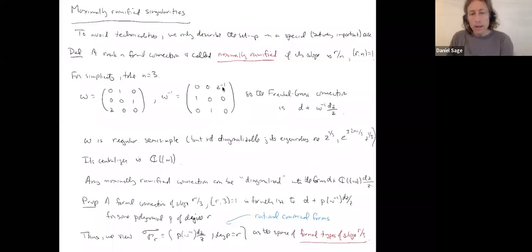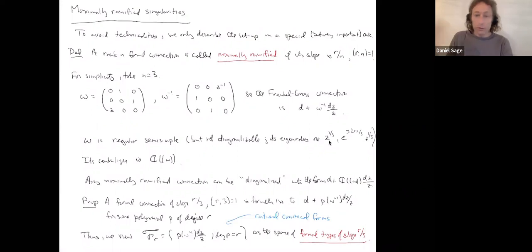Now here, omega is regular semi-simple, but it's not diagonalizable over the Laurent series. That's because its eigenvalues are the cube roots of z. So you have to pass to this ramified cover to get this.